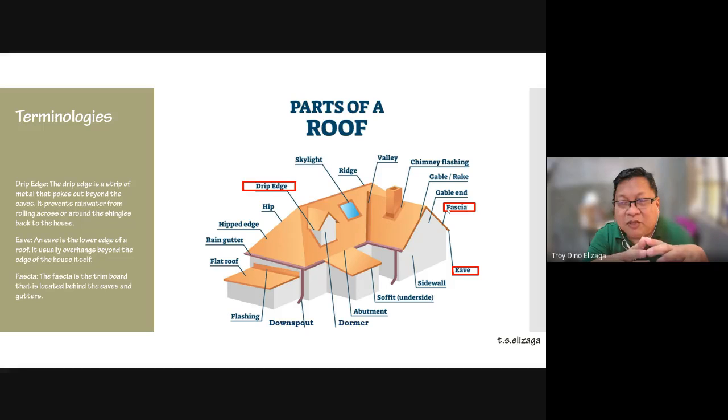Its main purpose is to cover the wood that represents the roof frame, because from the wall you'll have some wood or steel projecting from it before you put the roofing. If you don't have a fascia, you'll see all those projections, which we call the rafters, I mean the purlins. You see the edges, so you cover that, and that's the fascia basically.